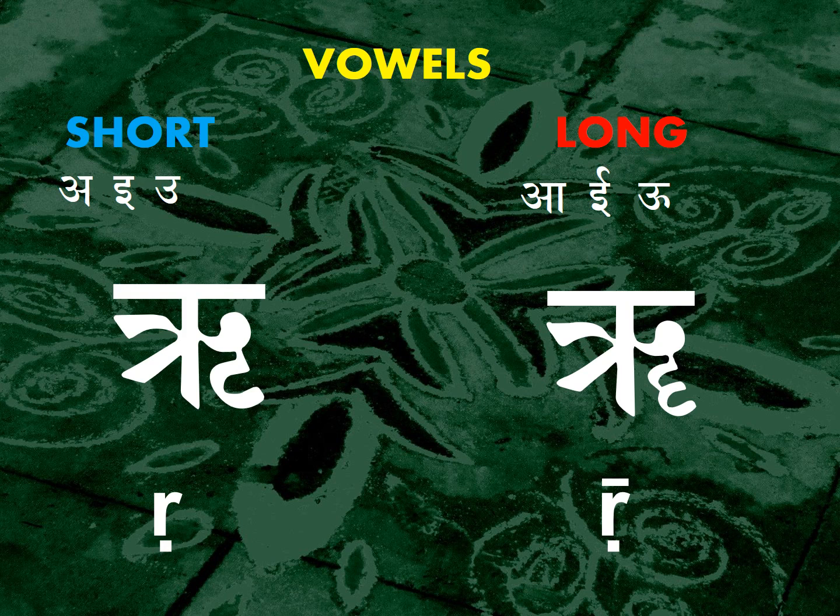Now, what you see here looks like the letter R, which we usually think of as a consonant. But this is a vowel. And even though it has some relationships to the R grammatically, this is considered a vowel. This is ṛ, and the long version is ṝ.